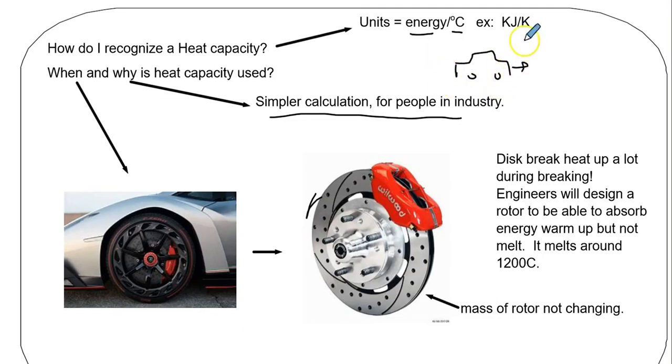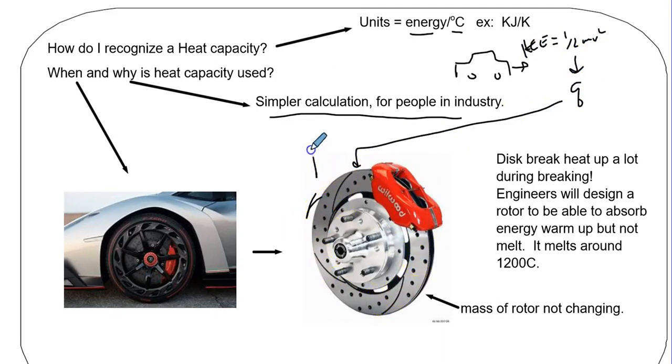So all this kinetic energy, which is 1/2 mv squared, is going to be transferred into Q, energy absorbed by that metal rotor here, and it's going to raise up in temperature via Q equals mass times change in temperature times the heat, or heat capacity if you have that for the rotor. It melts around 1200 degrees.